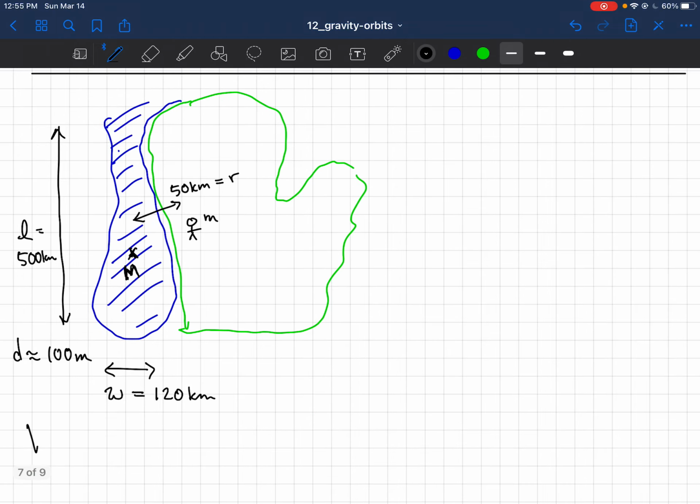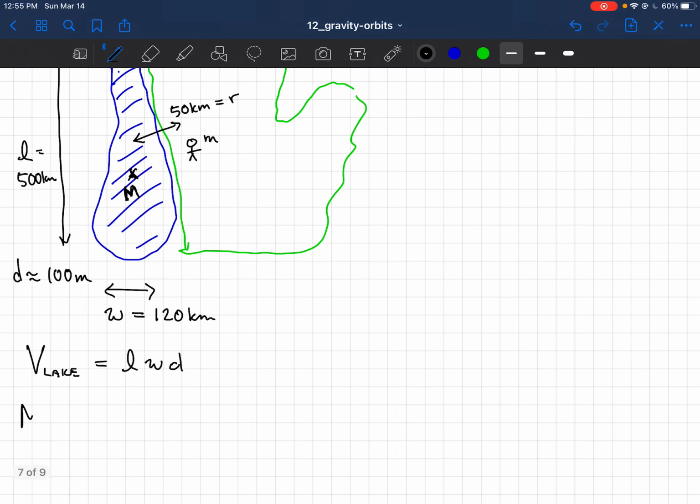So what do we get from that? Well, the volume of the lake is going to be length times width times depth. And then the mass of the lake can be related to its density. So the volume in meters cubed can be turned into a mass by multiplying by a density, which is in kilograms per meter cubed.